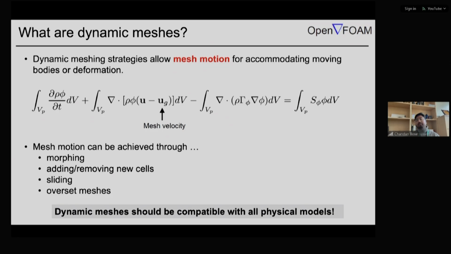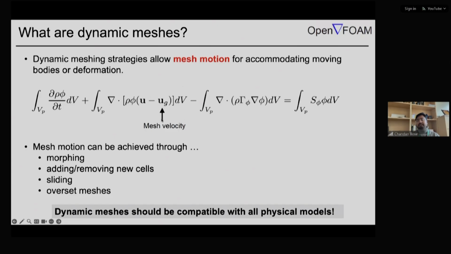These approaches can be considered in different algorithmic frameworks, such as the arbitrary Lagrangian Eulerian framework, where we mostly implement this mesh morphing type of dynamic meshing. This is my scalar transport equation, and in the convective term of our governing equation, we have to modify the velocity term to a relative velocity term by including the mesh velocity UG here.